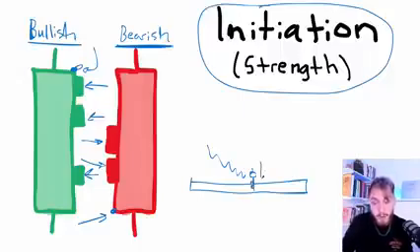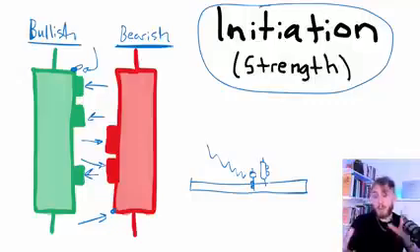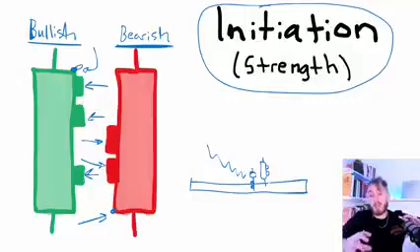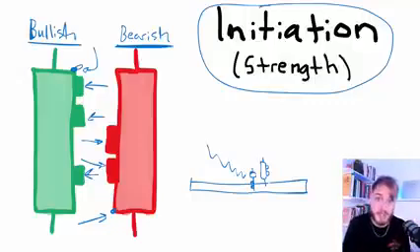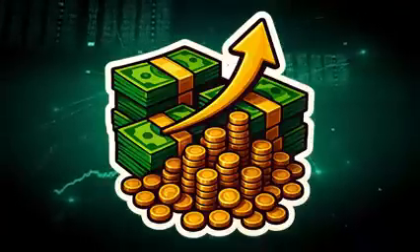And then after this absorption, we might see some initiation, right? We might see a bullish green candle that looks something like this, that managed to see buying imbalances and close the price higher. When we're using initiation and absorption together with, for example, support and resistance, the trade gets stronger and more likely to succeed. And as a result, we are more likely to make money.